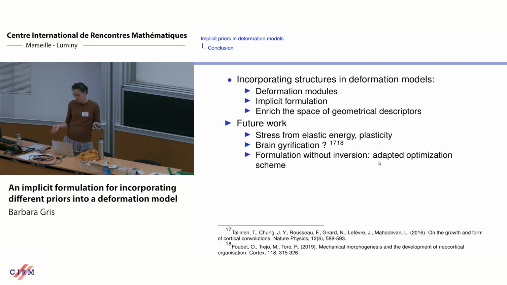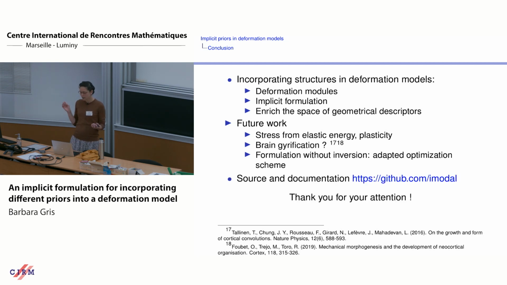The goal is to define stress more from elastic energy and maybe to incorporate plasticity. And the question is whether we can, at some point, use this to recover the work of these publications about brain gyrification. And you have part of the results that are presented here on our GitHub, and hopefully the full presentation available soon. Thank you very much.